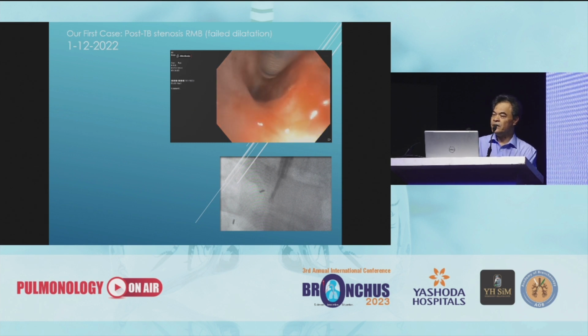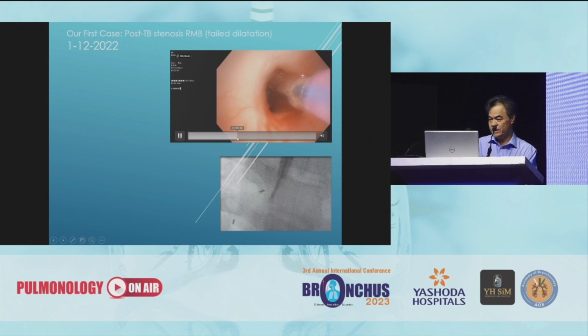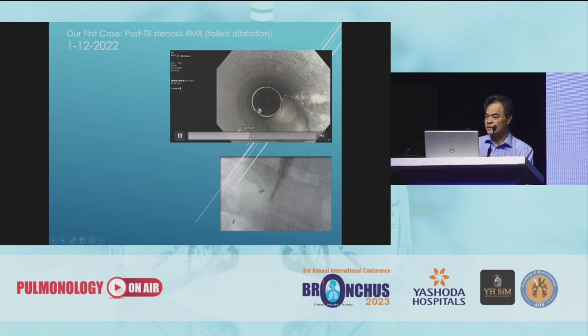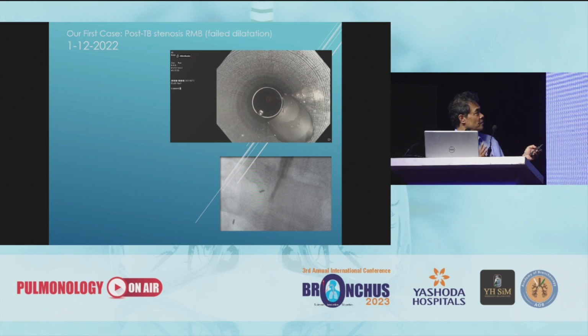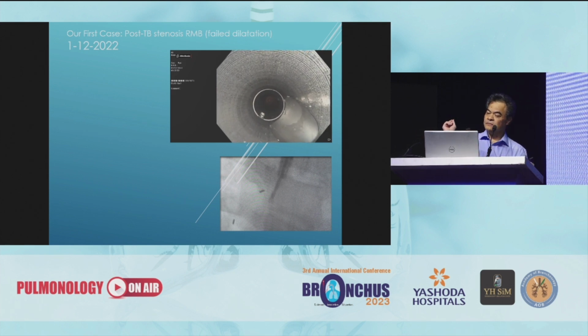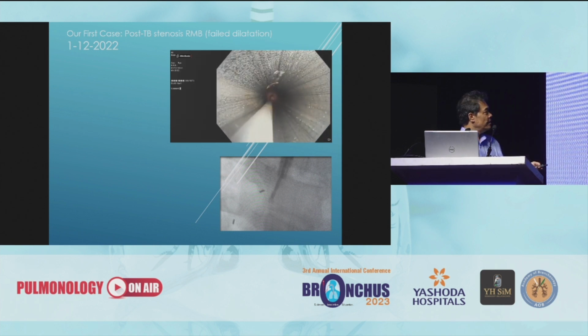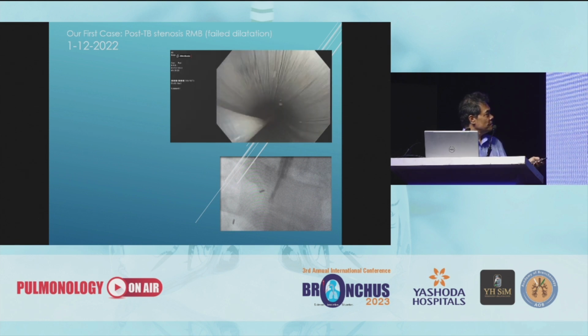We introduced the delivery catheter, but at this stage it was still too tight. So we dilated it further using a balloon. And once we felt it was big enough, we introduced the BD stent with the delivery system via the side port of the rigid bronchoscope.